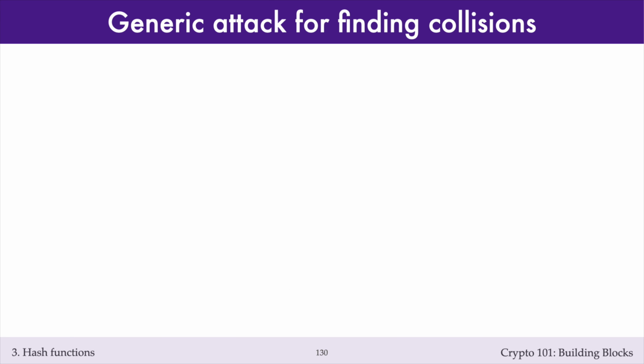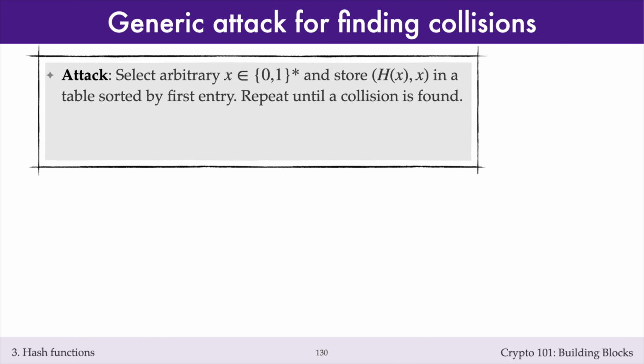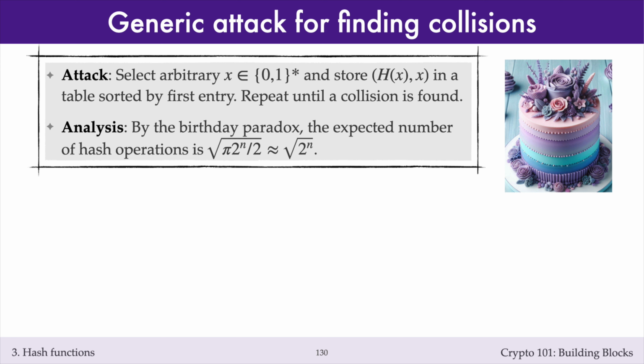Here is a generic attack for finding collisions for an n-bit hash function. We'll select arbitrary messages x and store the hash of x and the message x in a table sorted by first entry. We'll continue doing this until a collision is found. In other words, when we find a message whose hash is already in the table.